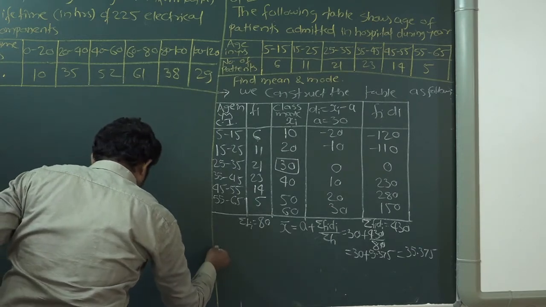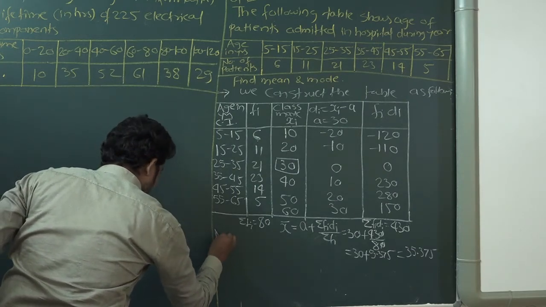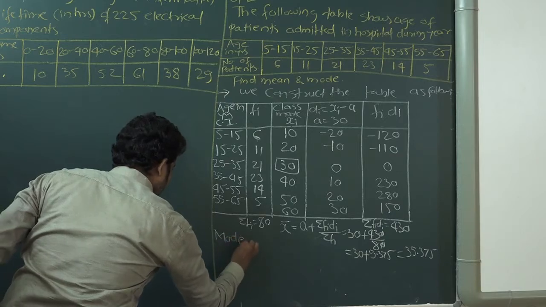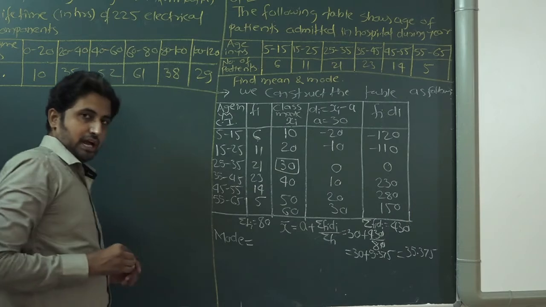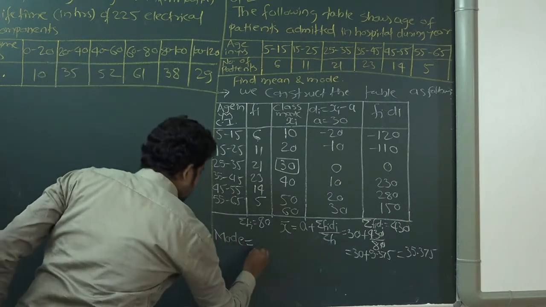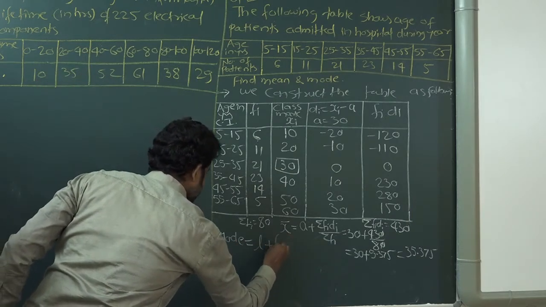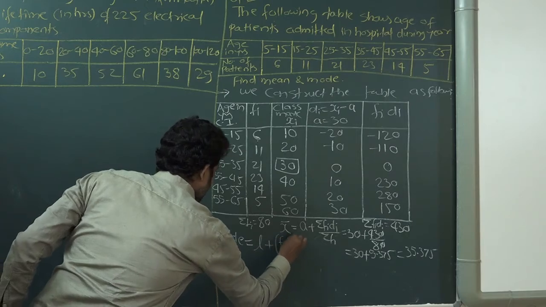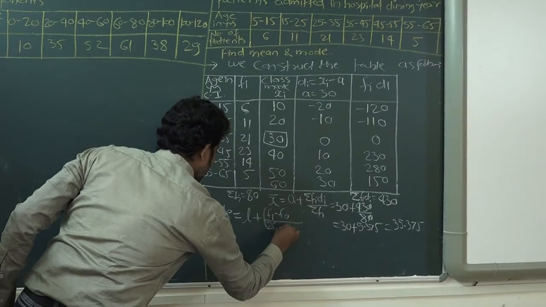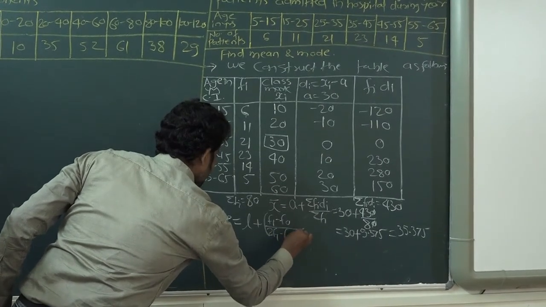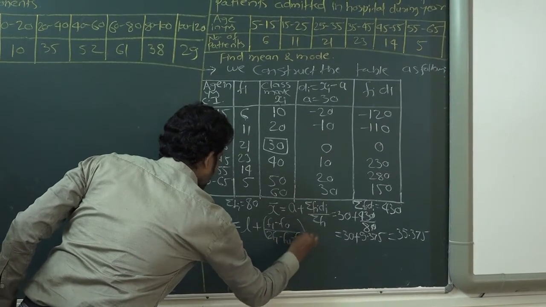For mode we have a formula. The formula for mode is L plus f1 minus f0 upon 2f1 minus f0 minus f2 into h.